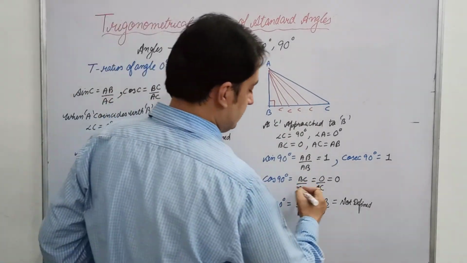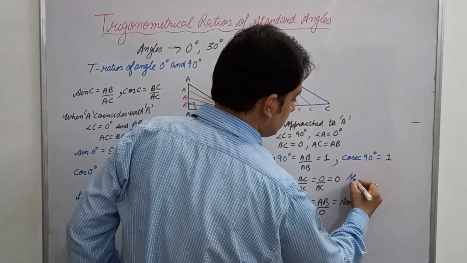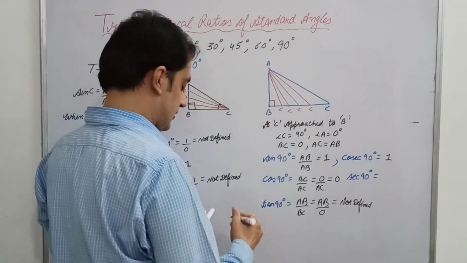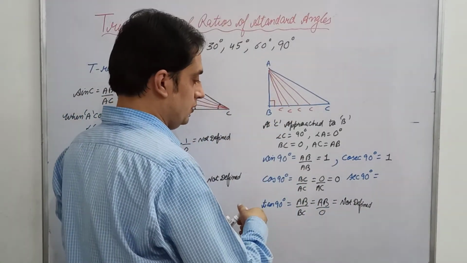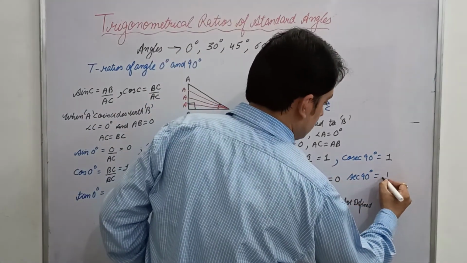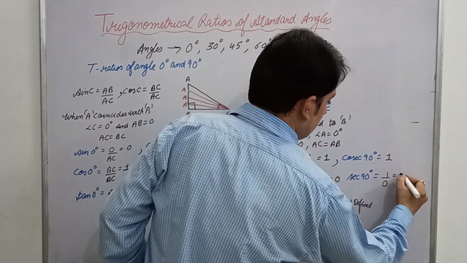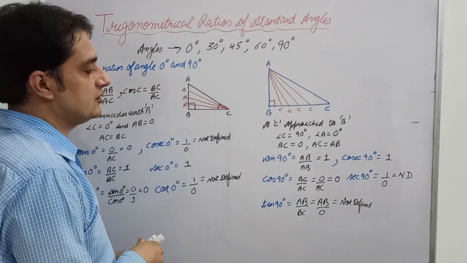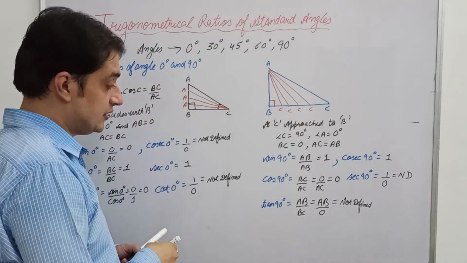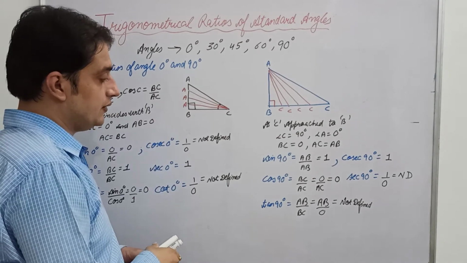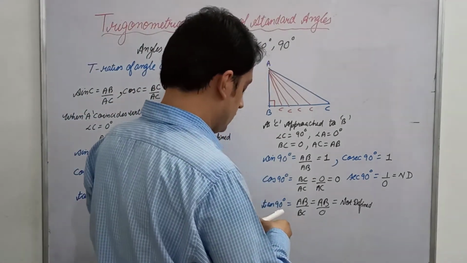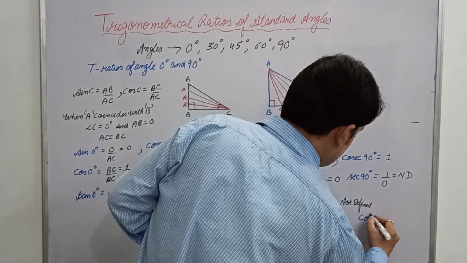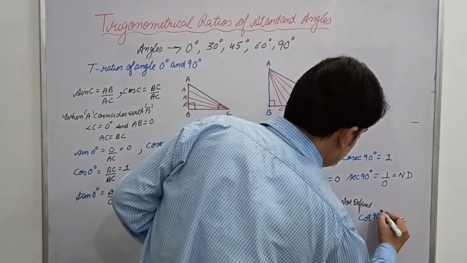And the reciprocal of cos 90 degree, that is secant 90 degree, is the reciprocal of 0, that is 1 by 0, but the value is not defined. The reciprocal of 0 does not exist. Right. And similarly the cotangent of 90 degree you can write here.